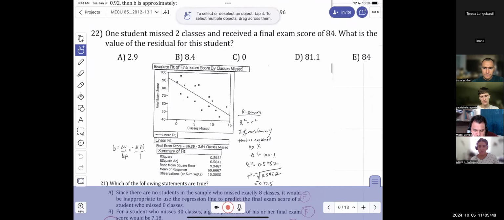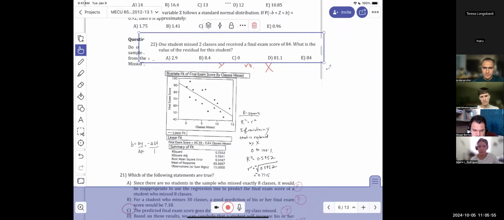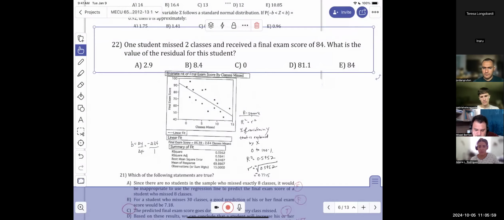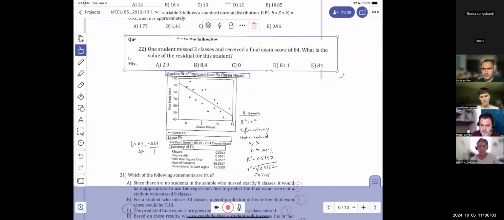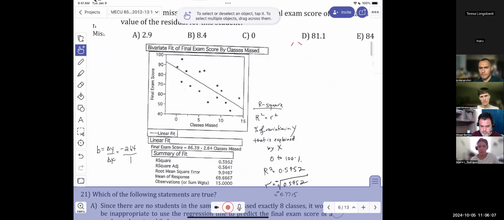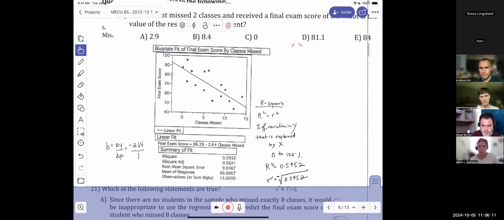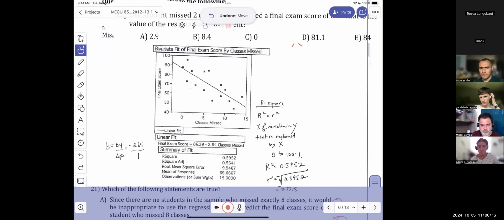Can you see that? You know what I got to do is make the whole thing bigger. Making myself crazy.